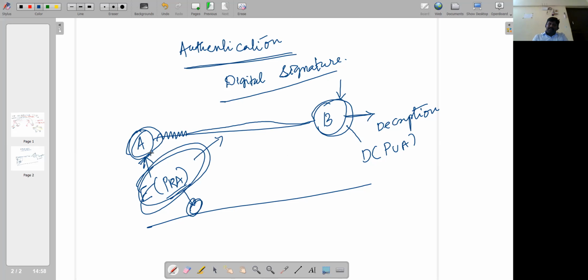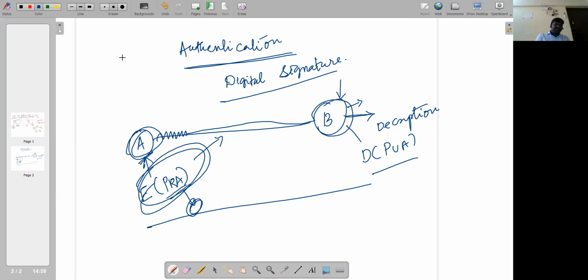If the data is encrypted with his own private key, that assures the message originated from the authenticated user A. The decryption will be carried out using the sender's public key. I hope this is clear.